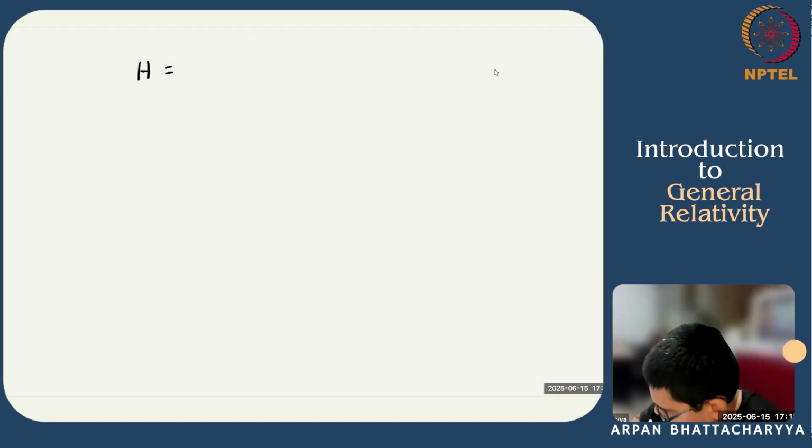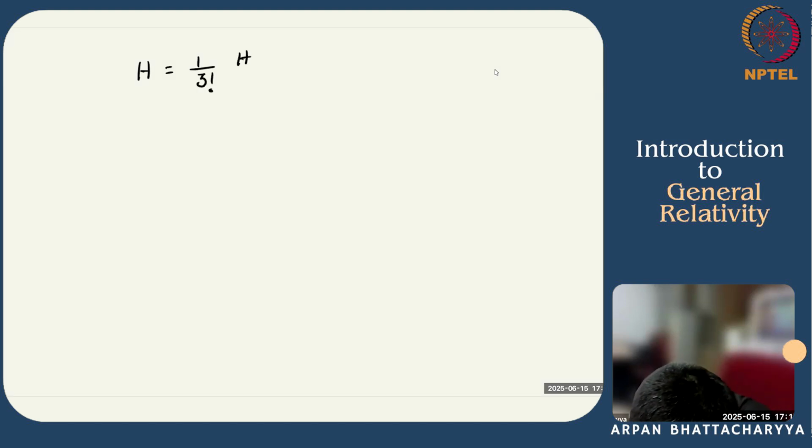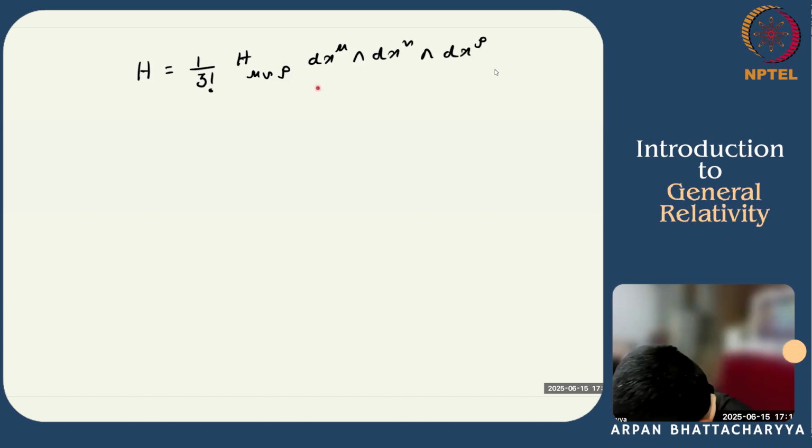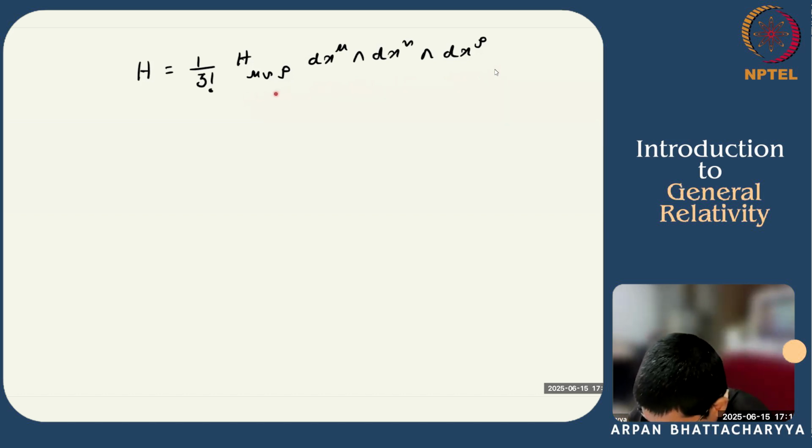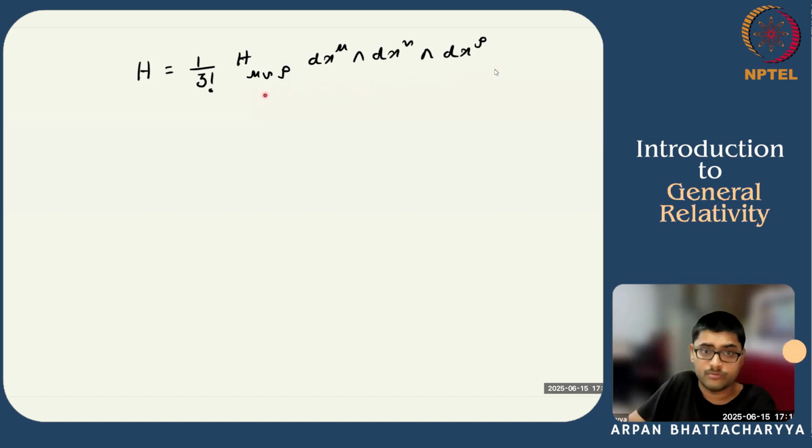Let's call this H. We'll have 1 over 3 factorial H_mu nu rho dx^mu wedge dx^nu wedge dx^rho. Because this is completely antisymmetric, this component H_mu nu rho had better be totally antisymmetric.